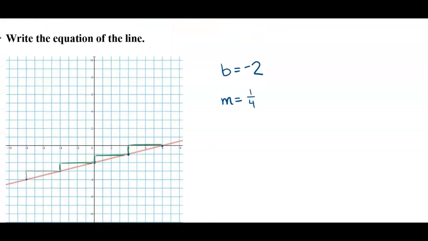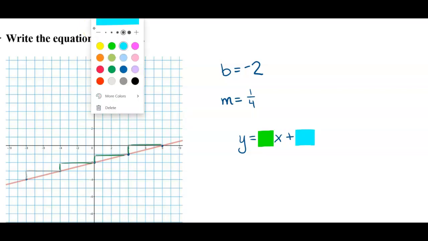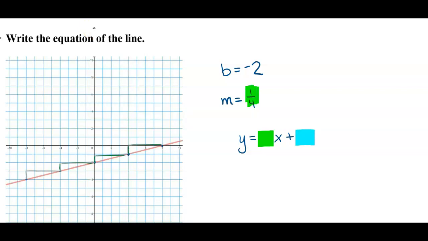So the next thing I'm going to do is write the equation of my line. Y equals mx plus b. So I'm going to put a number here, and I'm going to put another number here. And you got to pay attention to which one should be which. Now the m is the first number. So this is the number that's going to go in the green spot, and then comes the b. So this is the number that goes in the blue spot.